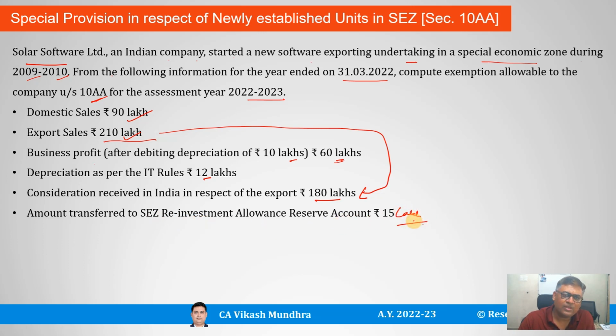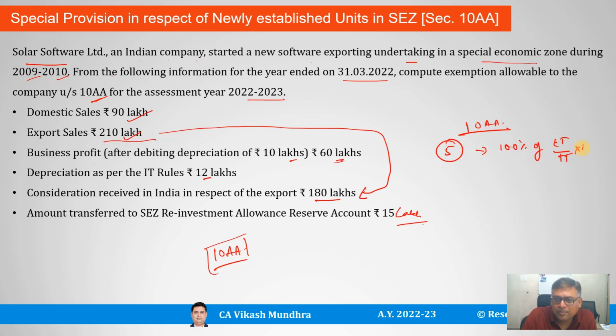Okay. Now, we are supposed to compute exemption under section 10AA. First, section 10AA states that for the first 5 years, deduction is available as 100% of ET by TT into profit.